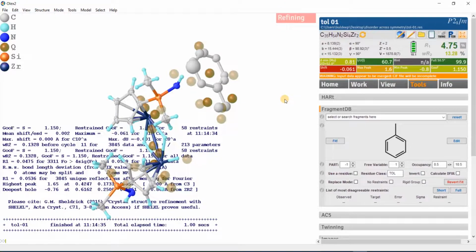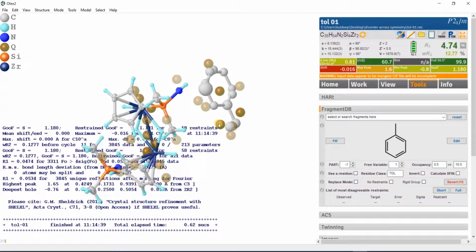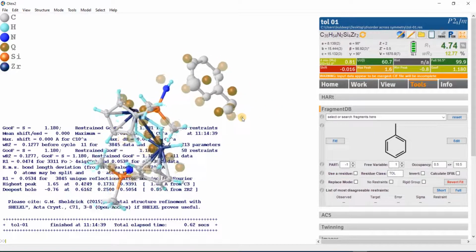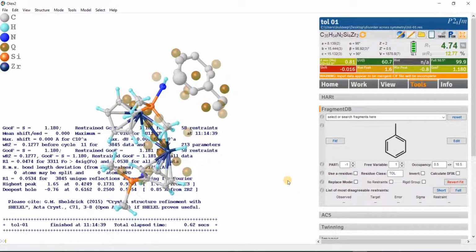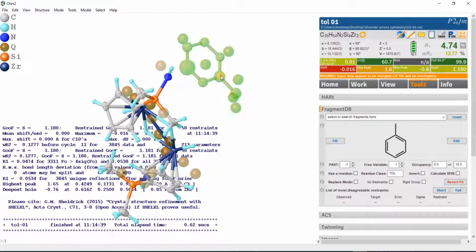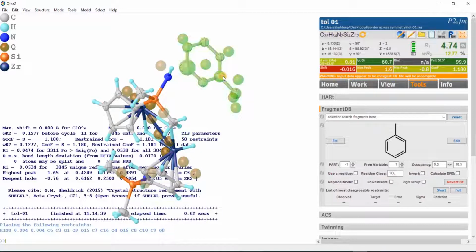Okay, one more time. Now you can see there is some more electron density of around 1.5 or 1.65 electrons, and around 1.3 electrons. So if I press fuse, and I select this type, ANIS, RIGU, and HADD, and refine.